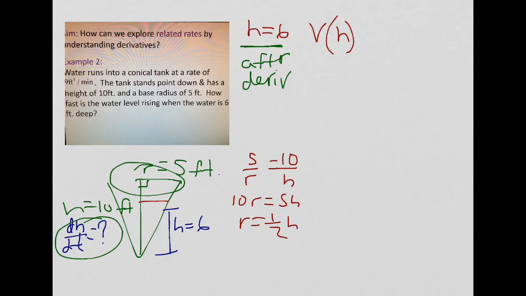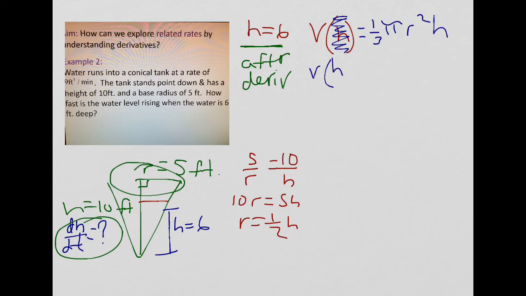It's pretty straightforward as long as you have a function of h, the height or depth of the tank. So the tank volume is 1/3 pi r squared h, and this is not yet a function of h alone.